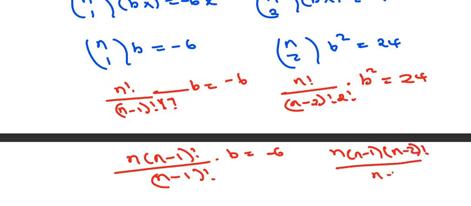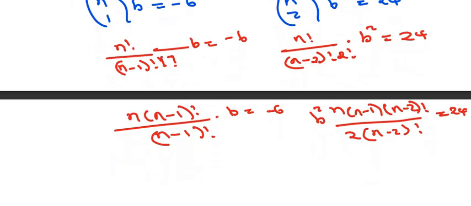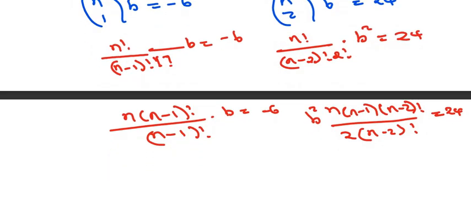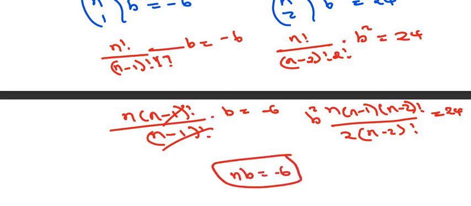Down you have n minus 2 factorial and a 2. There's a b squared. This should give us a 24. So here you're going to cancel that, meaning nb is equal to negative 6. Then here again we're going to cancel this. Then we have b squared, there's n and n minus 1 over a 2 should give us a 24.